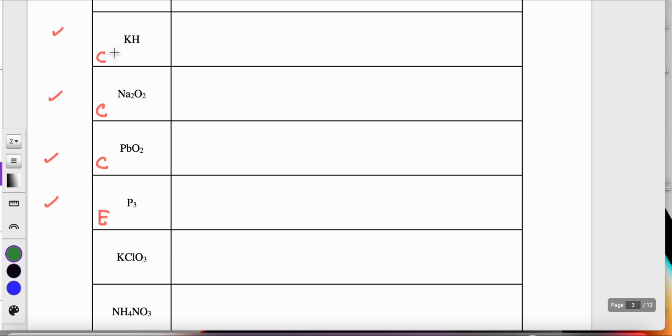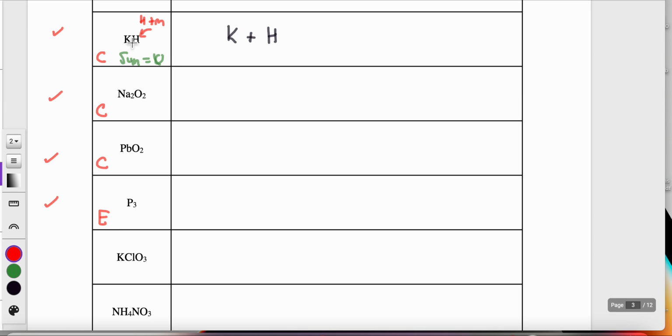If you classify the structure like KH as a compound, when you add up the oxidation states, the sum needs to be 0. So in this structure, I have K and I have H. I notice H is bonded to K, which is a metal.